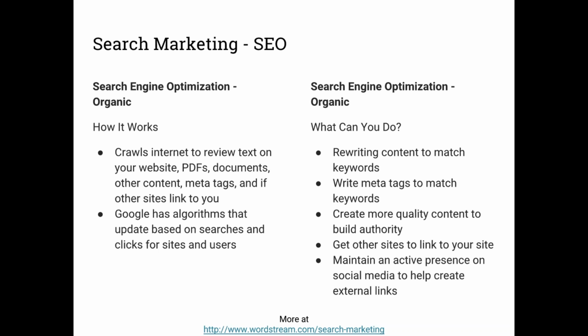You can have more people link to your site, which builds authority, and you can maintain an active presence on social media. More and more SEO is based on engagement now, so the more there's social activity and sharing, the better sites rank, as opposed to just using the same keyword over and over again. But that's a little bit on SEO.